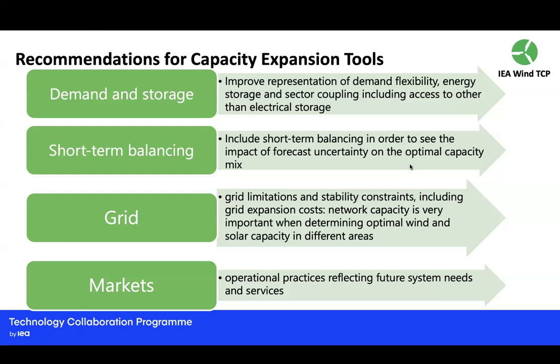Also, some of the capacity expansion tools don't look in detail at short-term balancing, but once you have more wind and solar, you should have a chronological tool, where you can see the variability, and the grid constraints should also be modeled. And regarding markets, it is a recommendation to study different options for future operational practices.